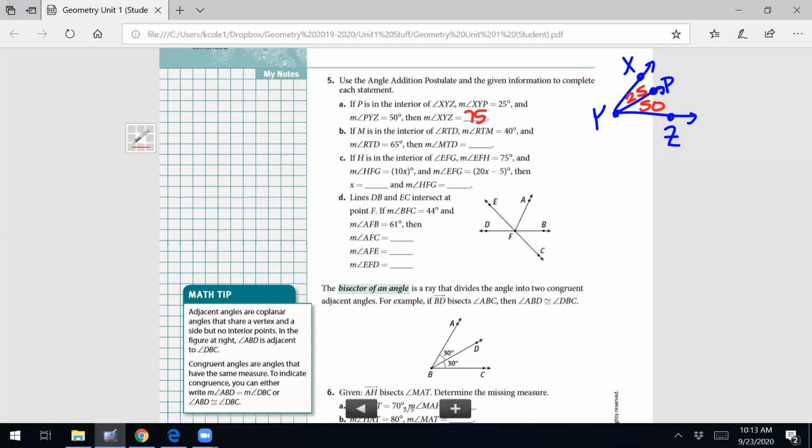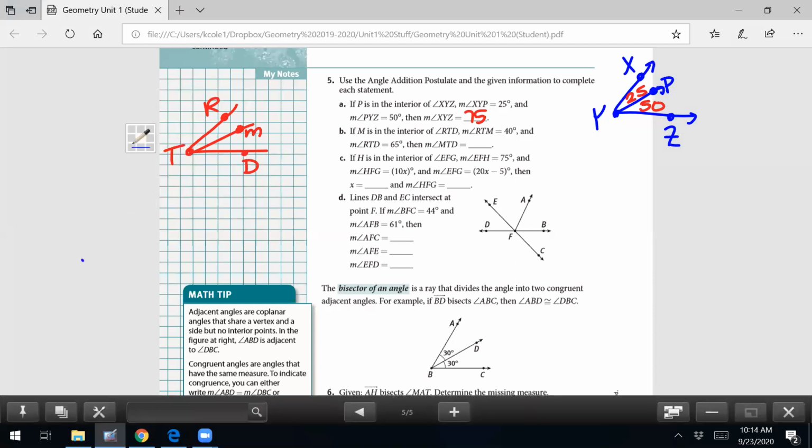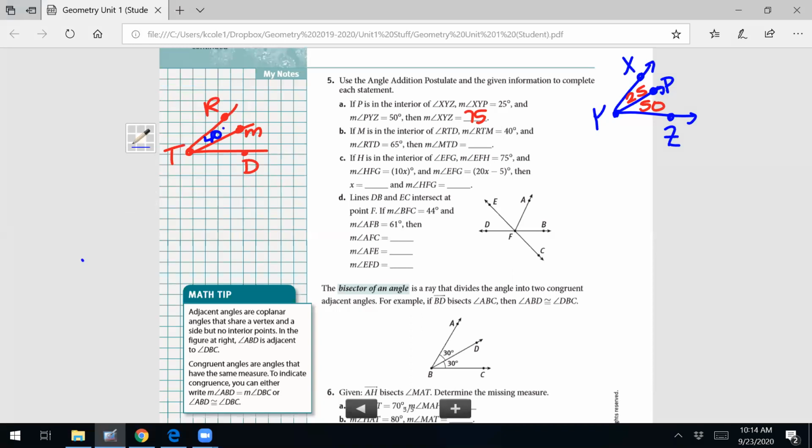B: if M is the interior of RTD, and RTM is 40 and RTD is 65, then what is MTD? Let's look at it. M is the interior of RTD. RTM is 40, and RTD, the whole thing, is 65.